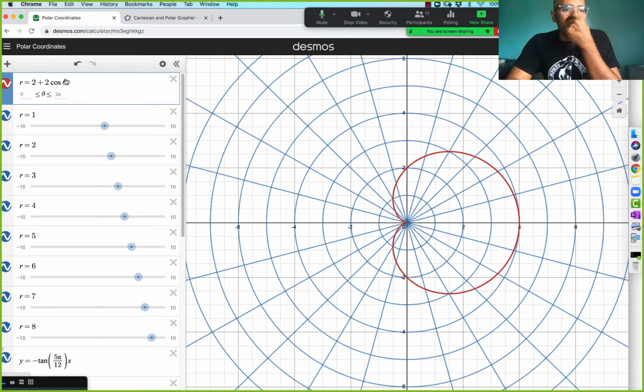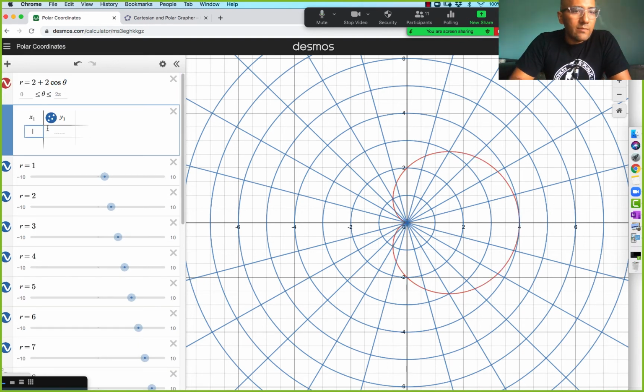Okay, so let's see if we can add a table with these values. Let me see if it'll work. Nope, it doesn't like it.